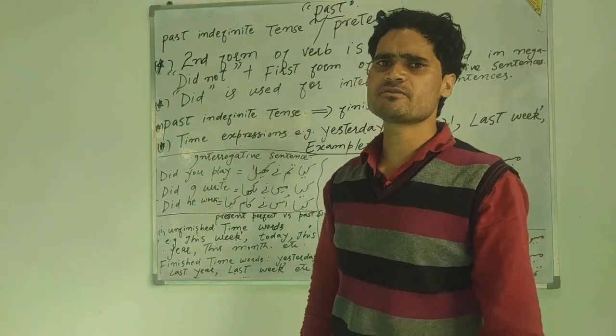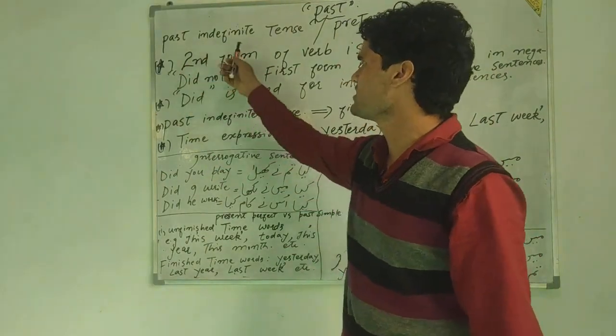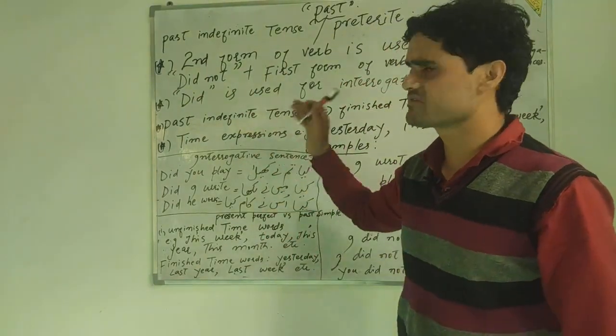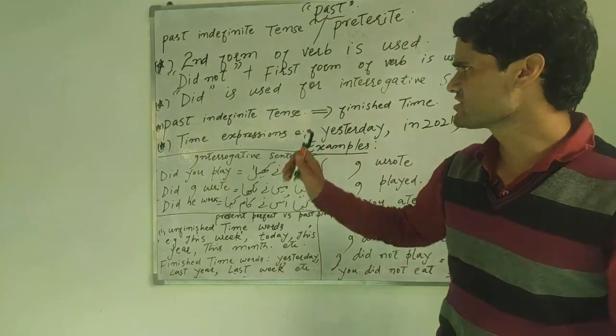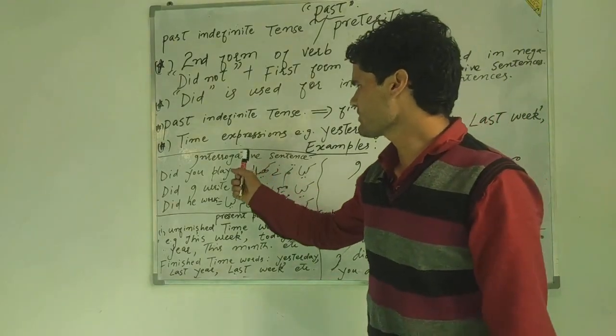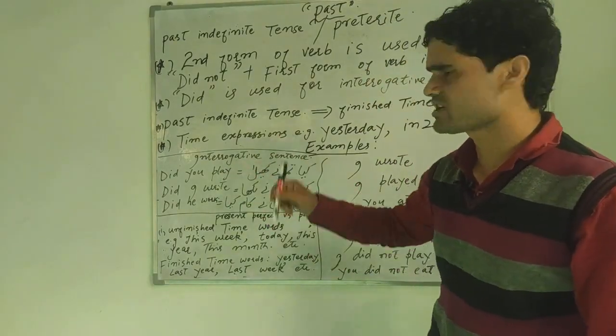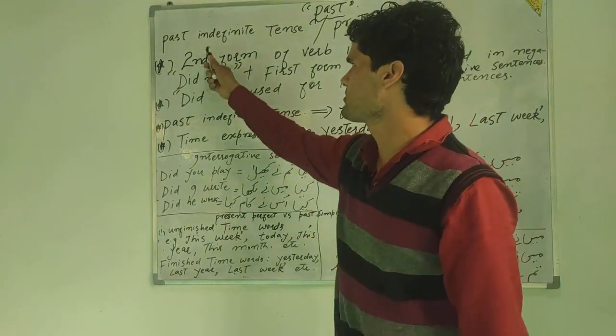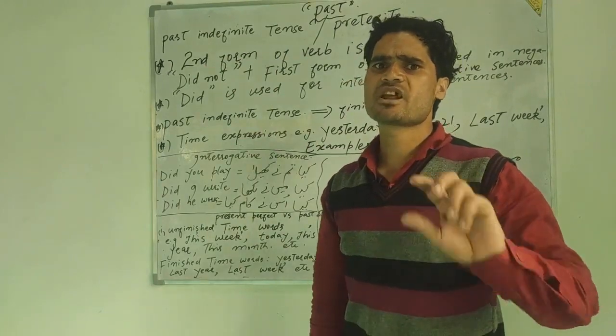Then what is the difference between present perfect tense and past indefinite tense? I will clarify this confusion in this video, so please watch it till the end. First of all, I will give you the examples. After that, I will try to clarify your doubts regarding the difference between past indefinite tense and present perfect tense.